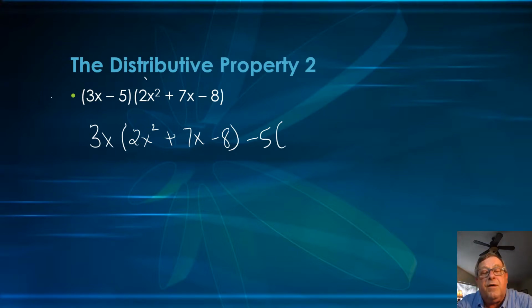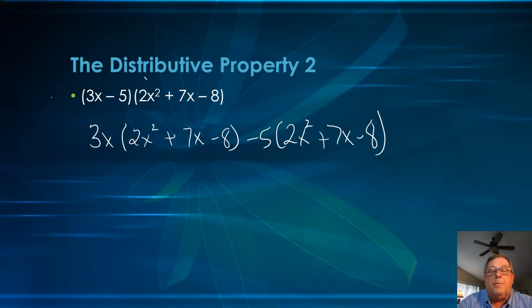Don't think about that as minus 5, subtraction, but negative 5 times 2x squared plus 7x minus 8. And we're going to perform these two operations, then we'll combine a lot of like terms, and Shazam, we shall be there.